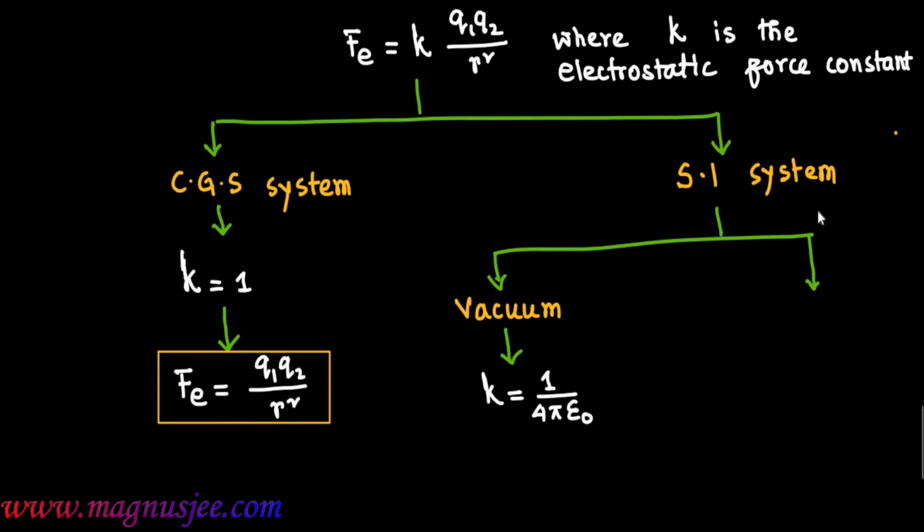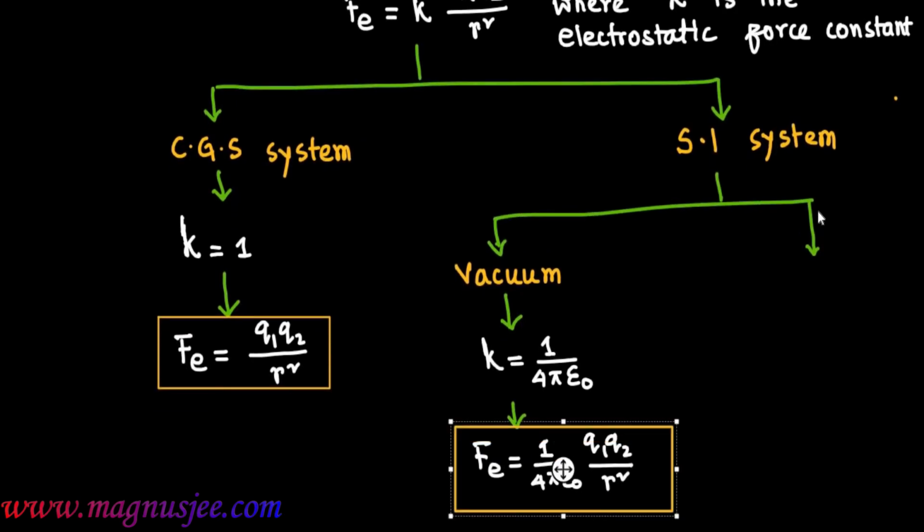That is small k equal 1 by 4 pi epsilon 0, and Fe equal 1 divided by 4 pi epsilon 0 Q1 Q2 divided by r square. This is the expression of electrostatic force acting between two point charges when they are placed in vacuum.